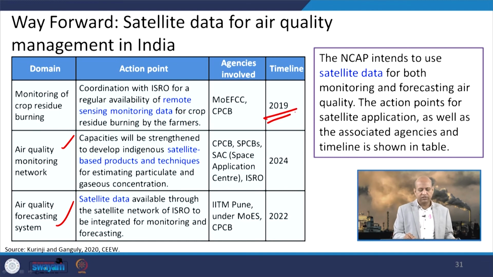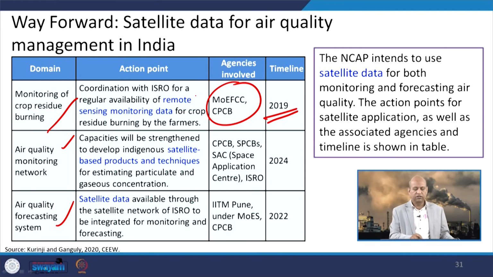Up to 2019, the action point was coordination with ISRO for remote sensing monitoring data for crop burning by the farmers. The Ministry of Environment, Forest and Climate Change and Central Pollution Control Board made that possible for the air quality monitoring network.